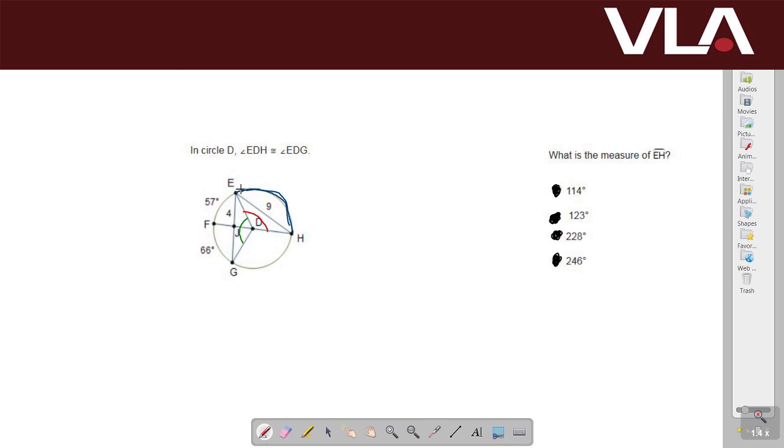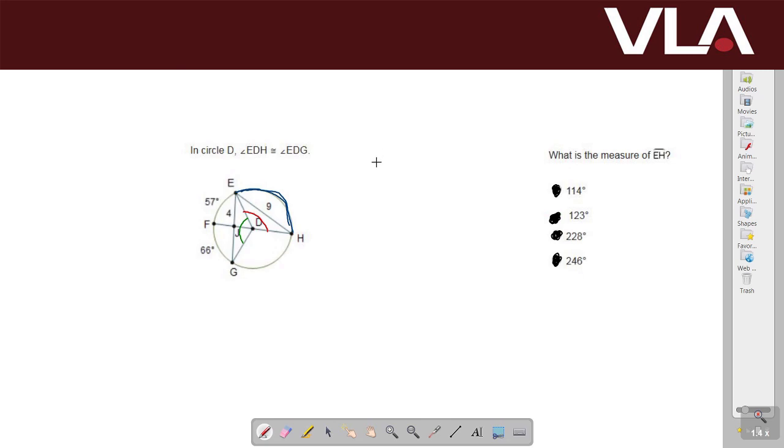What we know about central angles is that the central angle measure is equal to its intercepted arc. So if this angle is congruent to this angle, we have to look at the central angle's intercepted arc. What do we have here? We have this angle, and it's made up of these two intercepted arcs. So the intercepted arc would be these two arcs added together.